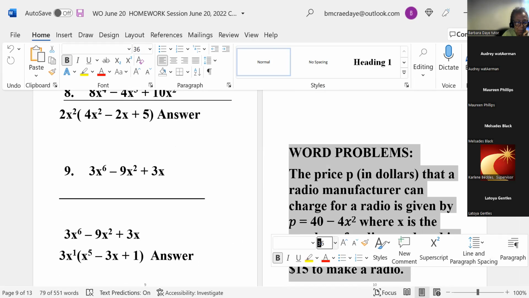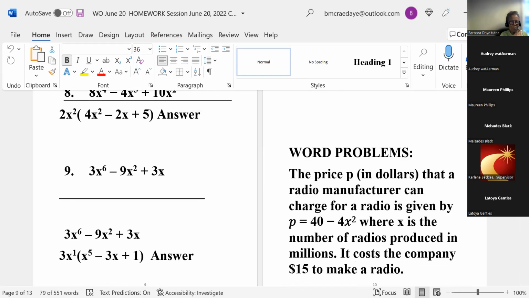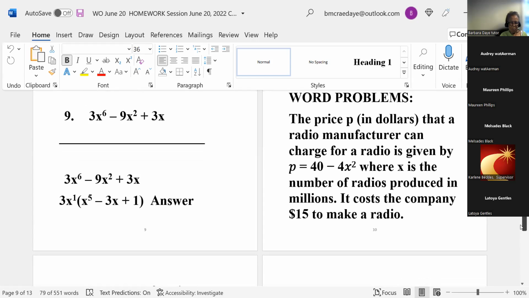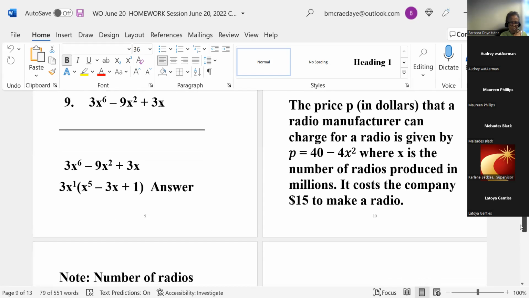The price P, the quotation is in dollars, that a radio manufacturer can charge for a radio is given by P, this is price, equals 40 minus 4x to the power 2, where x is the number of radios produced in millions. It costs the company $15 to make a radio.